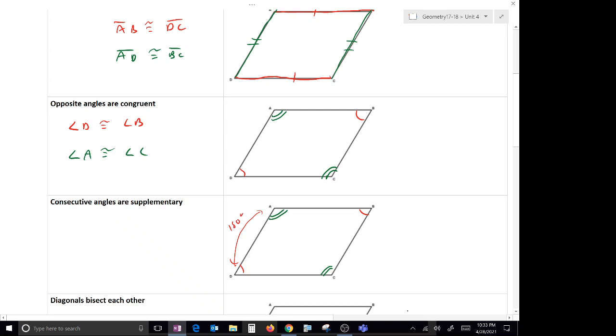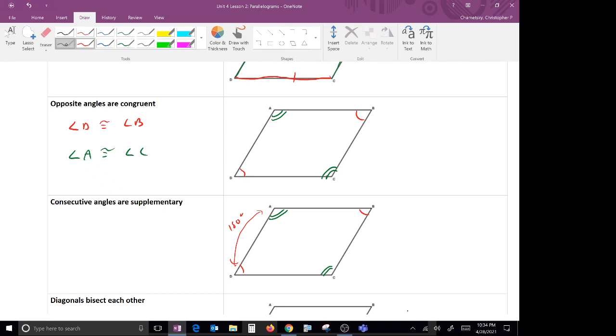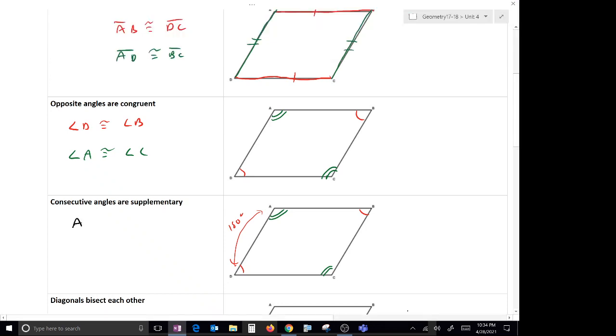So angles A plus D is going to equal 180. D plus C is going to equal 180. C plus B is going to equal 180. And B plus A is going to equal 180. So any two angles that are next to each other add up to 180.